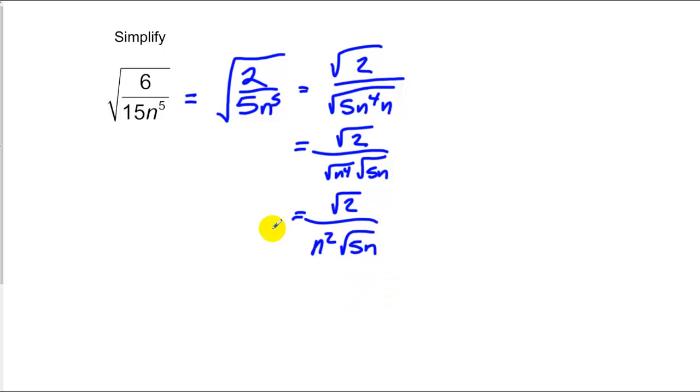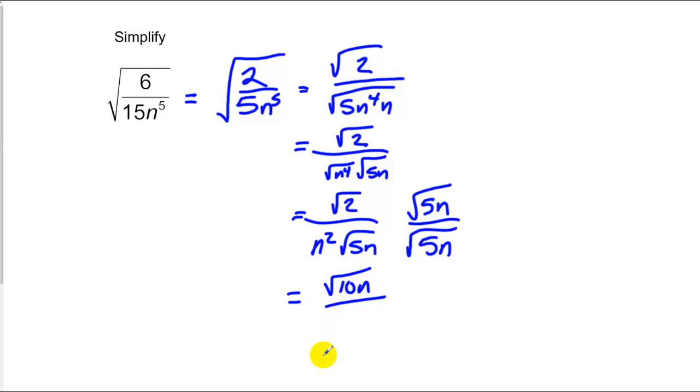And still I have a radical, even though I've simplified a little bit, I have a radical in my denominator and I need to get rid of that. So I'm going to rationalize once again by the term that's in the radical in the denominator. So I multiply by a form of 1, which is going to be root 5n over root 5n. Notice my numerator term is going to go to root 10n, and having a radical in the numerator is not a problem. The denominator goes to n squared root 25 n squared.